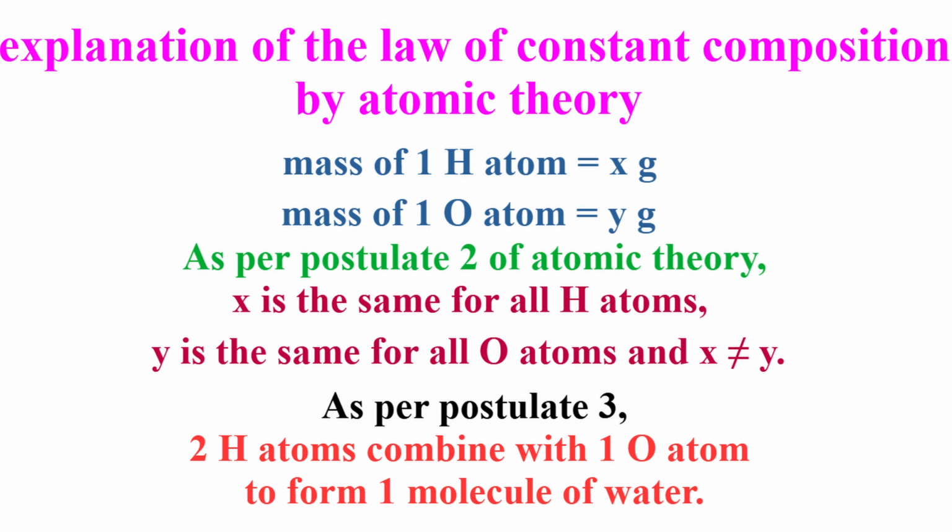As per postulate 3, hydrogen atoms and oxygen atoms combine in a specific whole number ratio to produce the molecules of water. Although Dalton assumed the simplest possible ratio of 1 to 1 for the combining ratio of hydrogen and oxygen atoms, today it is believed that thanks to Avogadro's theory and its elegant explanation of the Gay-Lussac's law of gaseous volumes, this ratio is 2 to 1, H2O.